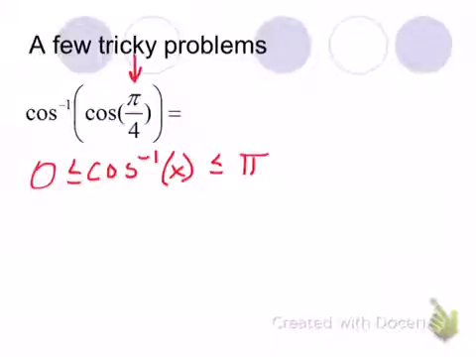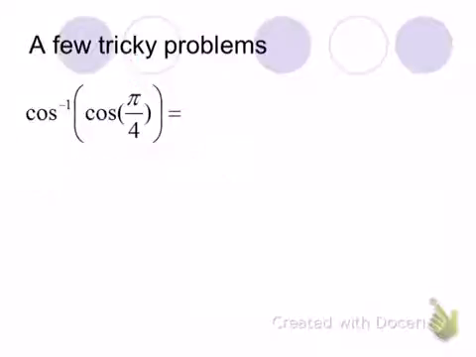Yes. And because it's between 0 and pi, then it just directly comes out as that. The inverse of the cosine is that angle, but only when the angle is between 0 and pi. If the angle is not between 0 and pi, the inverse cosine is going to spit out a different angle.